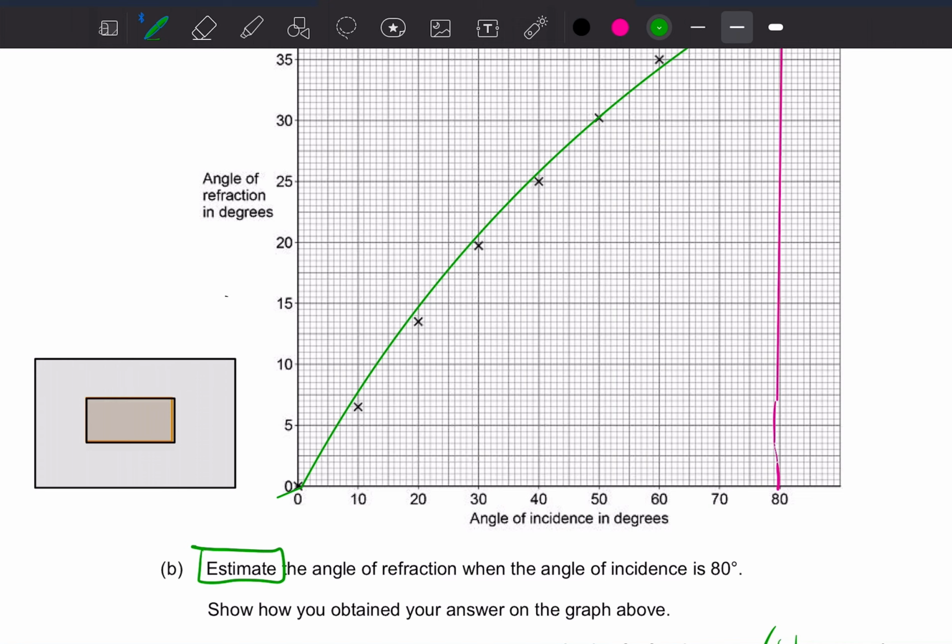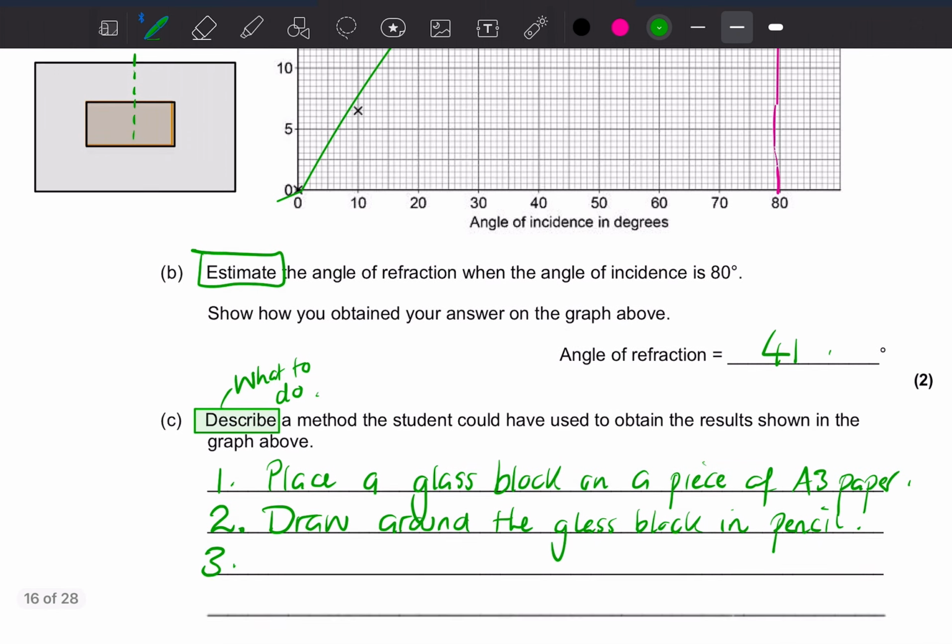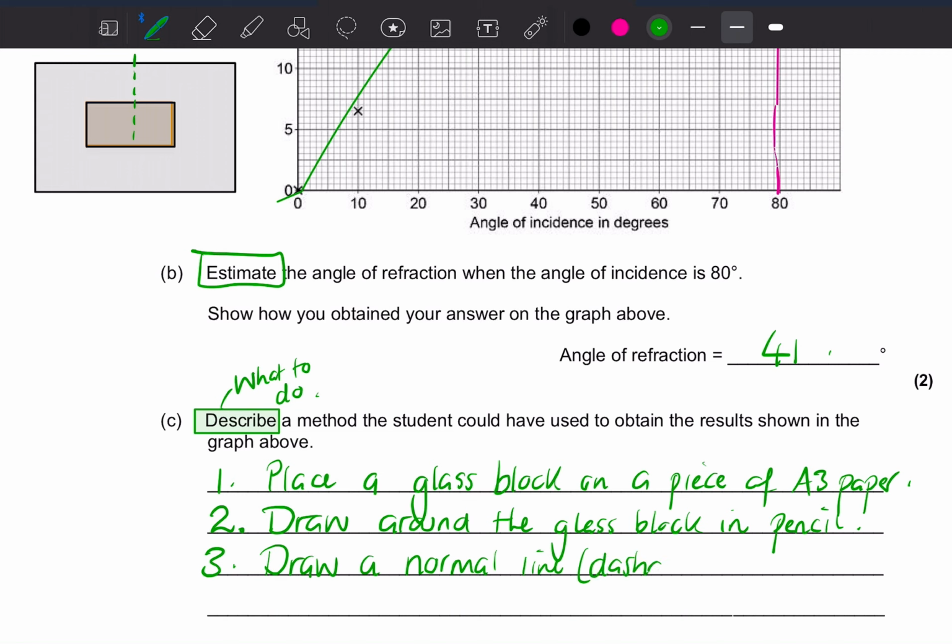So you use a dashed line with a ruler to draw on your normal line. So that's step three. Draw a normal line dashed at 90 degrees to the boundary of the glass block. That's important because we need to know where we're going to shine our ray.